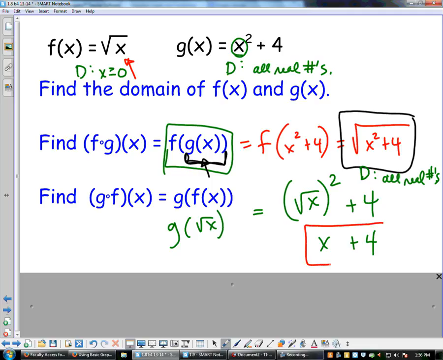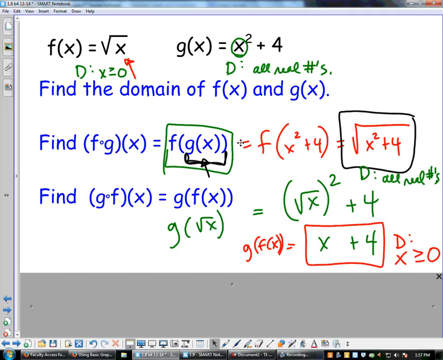So in other words, here's our function. X plus 4 is g of f of x. But the domain is going to have to still be x greater than or equal to 0. Again, the reason, if we cannot plug it into f of x, then we cannot plug it into g of f of x. All right, are we okay with that? Yes.